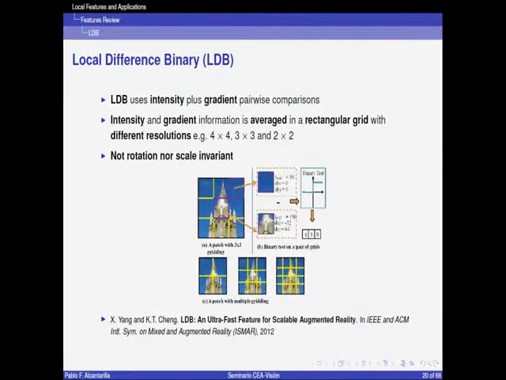You divide that patch into 4x4 rectangles, then 3x3 and 2x2. In each of these resolutions, you compute an average of your intensity and gradient, and you perform the binary test considering intensity and gradient information between all the different subgrids that you have after all your subdivisions. LDB has the same problems as BRIEF, since it's not designed to be rotation or scale invariant.